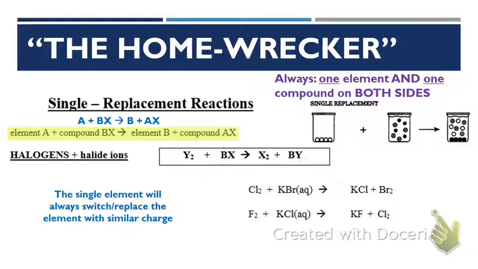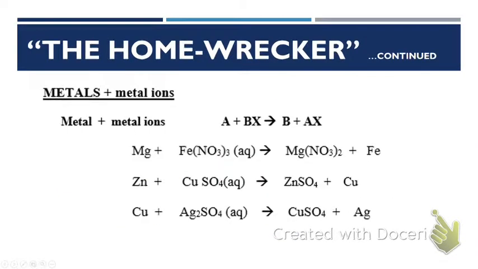You'll notice on the next side of the page, we're kind of continuing with our single replacement stuff, but we're talking about if that single element is a metal, and metals like to be positive. So let's imagine this single A in this circumstance is positive. When it comes over to that Bx, it's going to kick out the positive part of that compound, and get with that negative part.